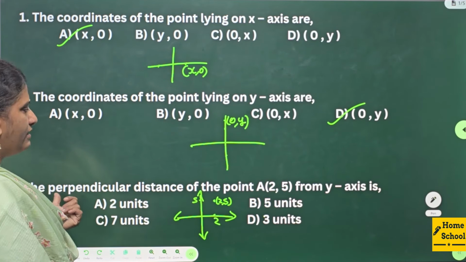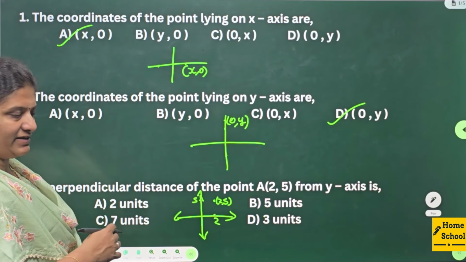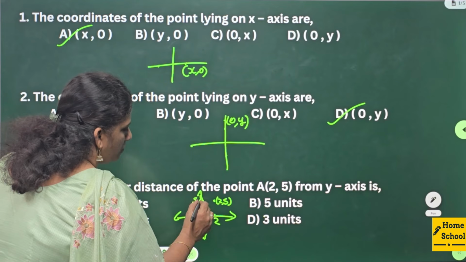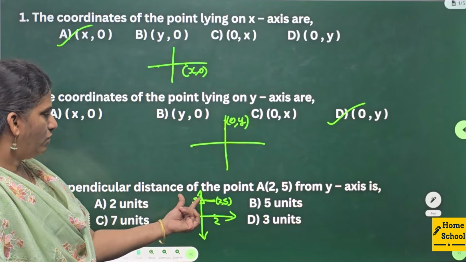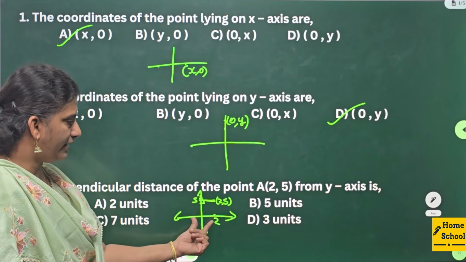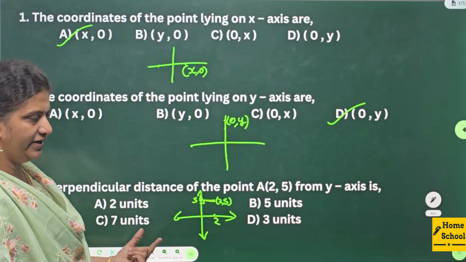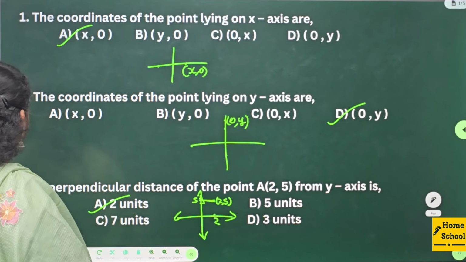Your question is the perpendicular distance from y-axis. What is this distance? You need to observe it on the x scale. That is 2 units. Option A is your answer.